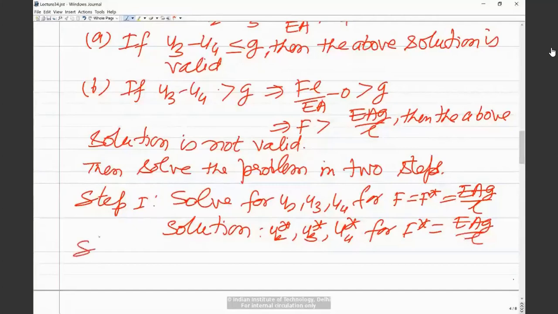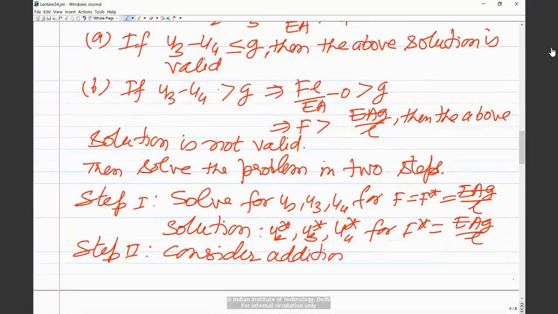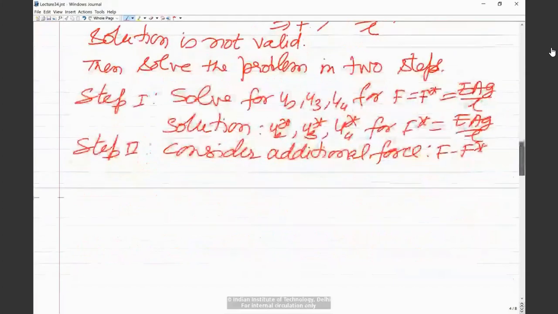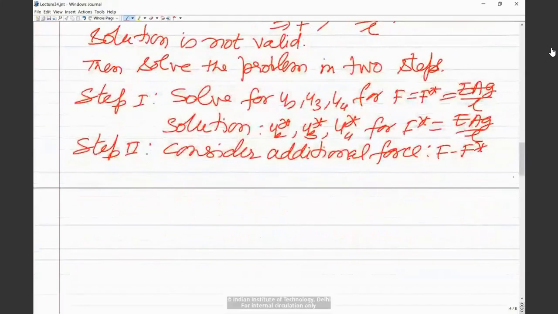Then step 2, we apply the additional load and solve the problem as a contact problem. Consider the additional force, which would be F minus F star, and solve for this case and then combine the two solutions.